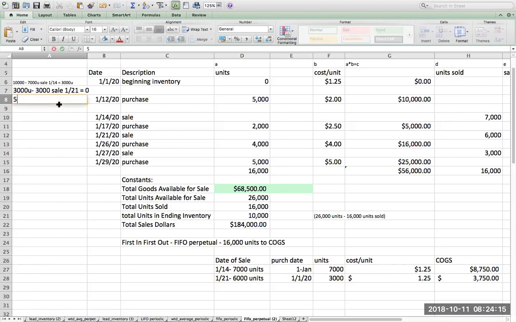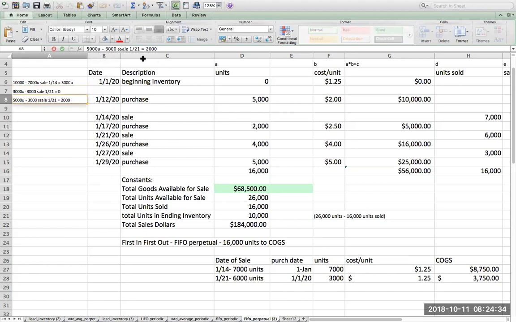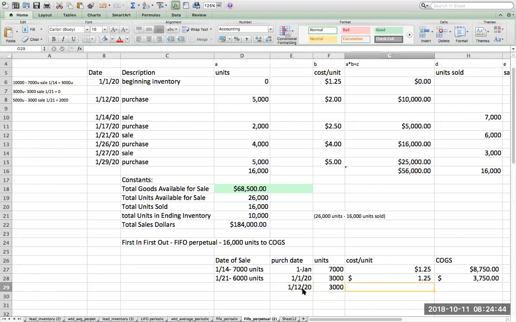So we'll say 5,000 units minus 3,000 for the sale on 1/21. So right here, I'm going to take from my 1/12/20 purchase another 3,000 units at $2 per unit for a total here of 6,000.